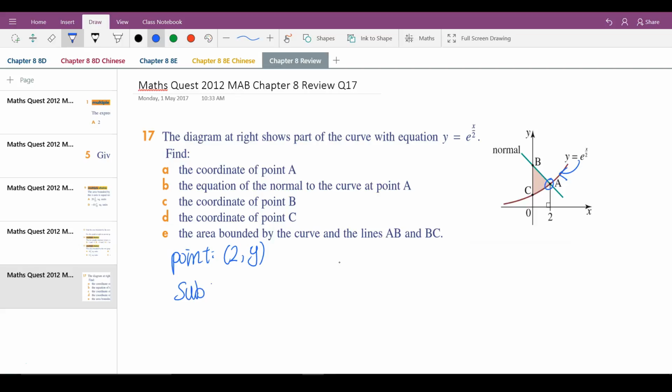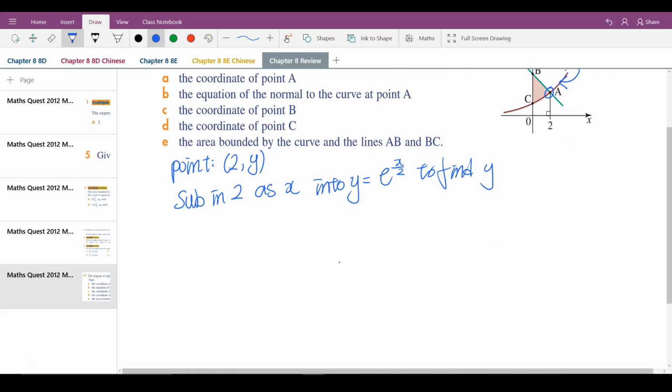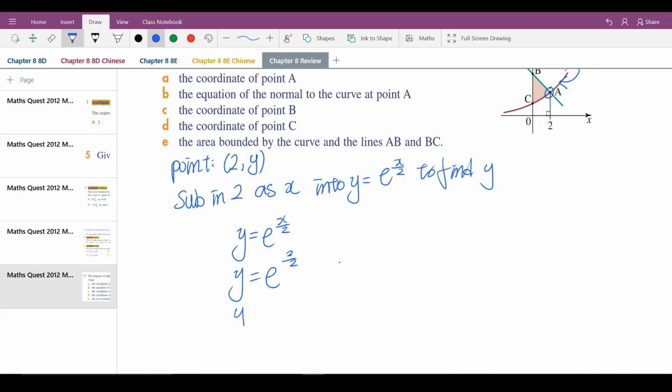Sub in 2 as x into y equals e to the power of x over 2 to find y. So y is equal to e to the 2 over 2, y is equal to e. 2 over 2 is 1, and e to the power of 1 is just e.